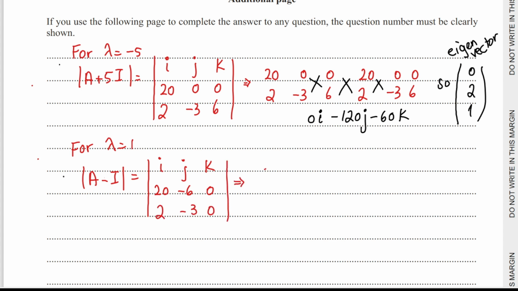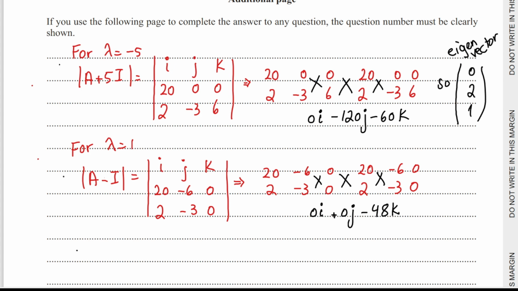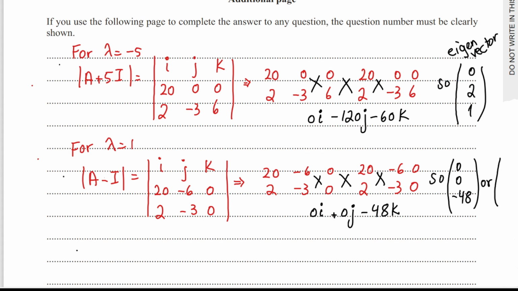Listing twice method, I will list the components above each other, ignore the first column, and find the 2 by 2 determinant of the remaining columns to get i, j, k. Here I got 0i + 0j − 48k. And because an eigenvector describes a direction, I can divide by −48. So my eigenvector will be (0, 0, 1). This is a simpler vector.